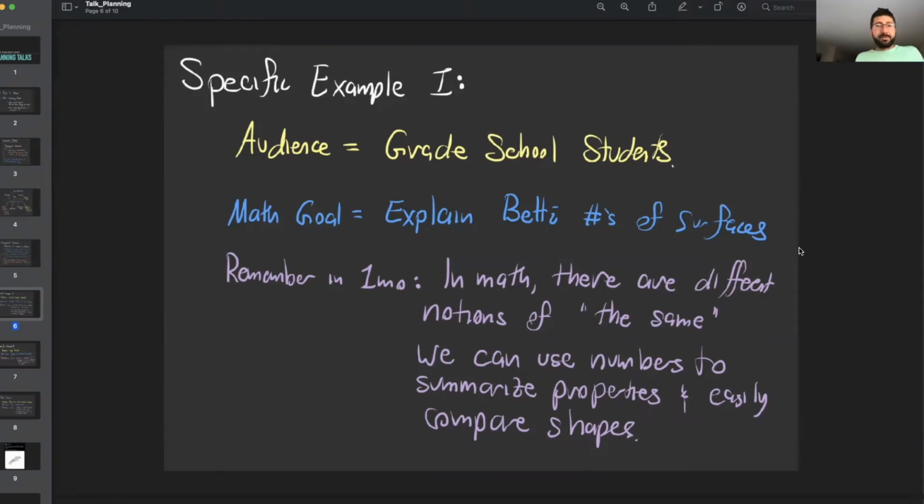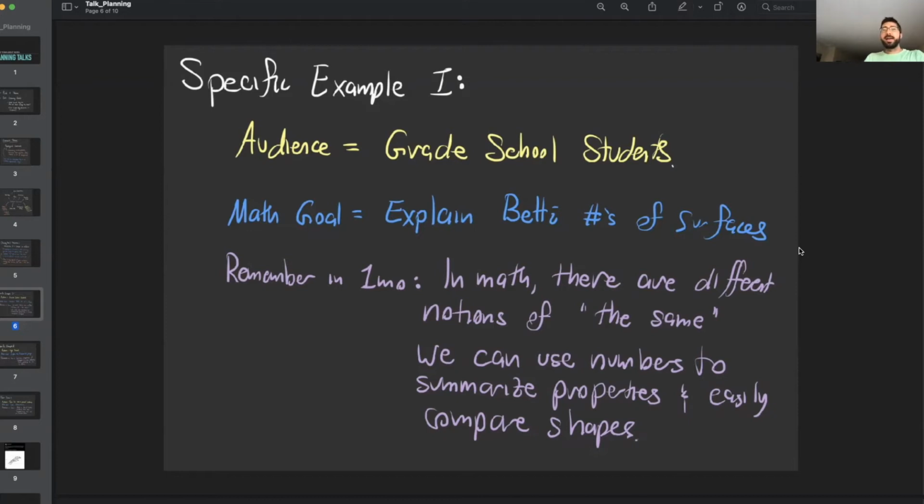I first, to try and get around this point that there's different notions of the same, and that's the first thing we would need to decide on to even talk about something like this, I had them group up with their friends in triples or quadruples or whatever, small groups, and take out 2 sheets of paper, and on one sheet, draw a bunch of shapes that are the same. And on the other sheet, draw a bunch of shapes that are different.